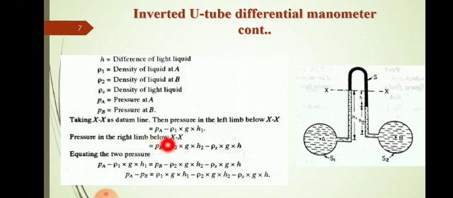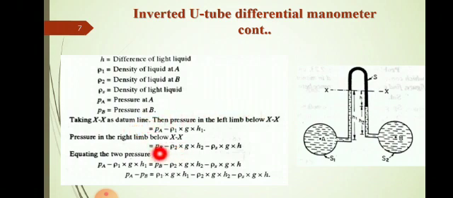Similarly, the pressure in the right limb. See the right limb, this is the datum line. What all things are available below XX in the right limb? You have H height of the light liquid, and you have H2 height of the liquid in the pipeline B. So how do you write it?